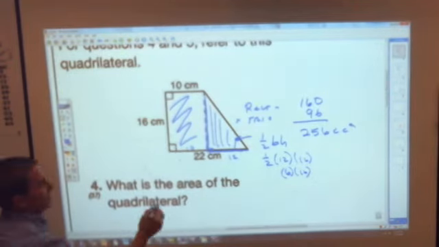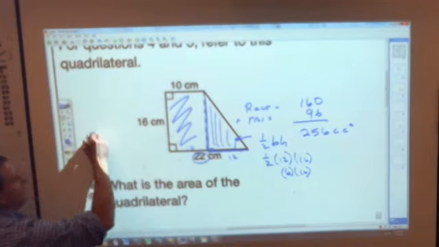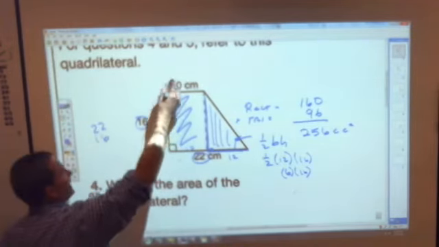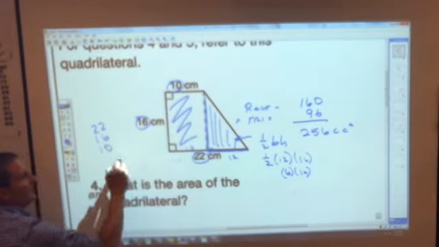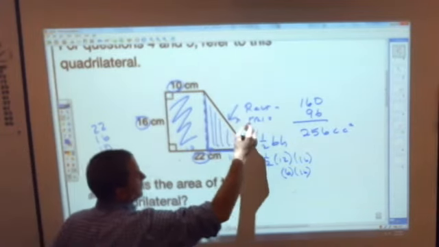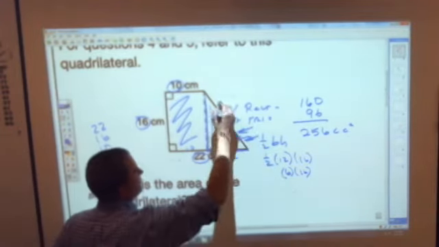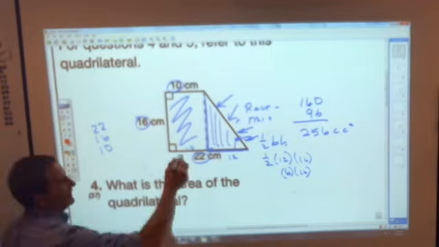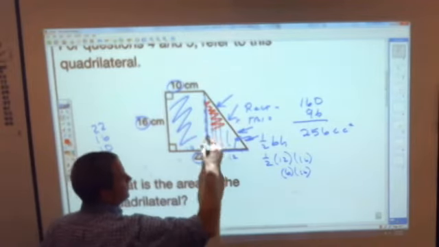Distance around, I know I've got a 22, this is probably 5, I believe. 16, 10, but I don't know what this is right here. How am I going to figure that out? Well, it's a right triangle.